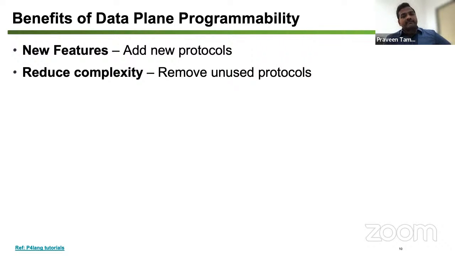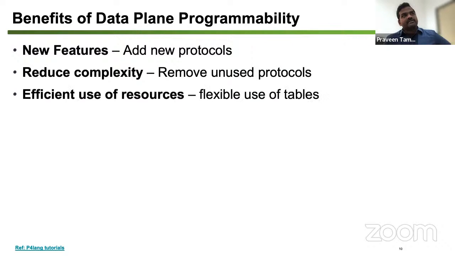So it eventually reduces complexity. Moreover, since you have more control over how you allocate data plane resources like TCAMs, SRAM, or match action table units, you can allocate the resources between different network functions like layer 2, layer 3, NAT, or stateful firewall.